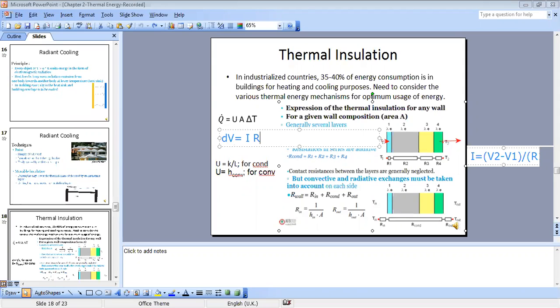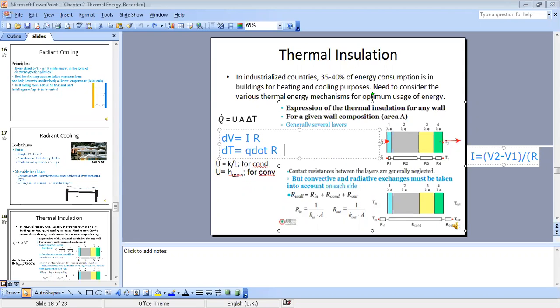So by analogy, in case of heat flux, the equivalent of delta V will be delta T. So the temperature is equivalent to voltage, and the intensity is equivalent to the heat flux, Q dot. Delta T is Q dot times R.